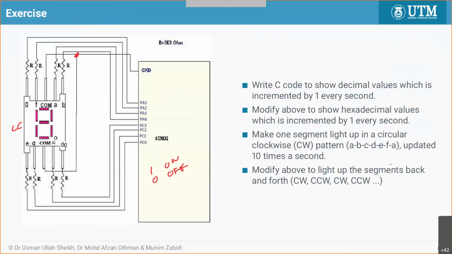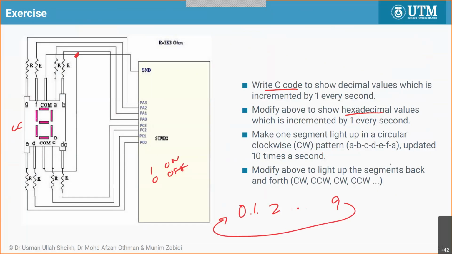So let's say for exercise, you can maybe write C code to show decimal values, incremented by 1 every second. So that means you go from 0, 1, 2, 3 up to 9, and then go back to 0. And if you want to show hexadecimal values, you can, because you are able to control all the 7 segments yourself.